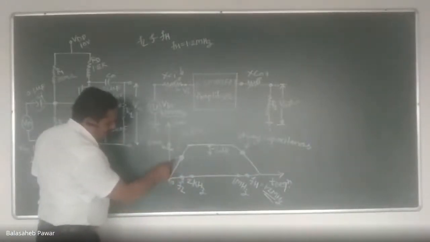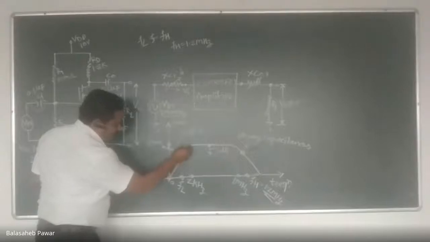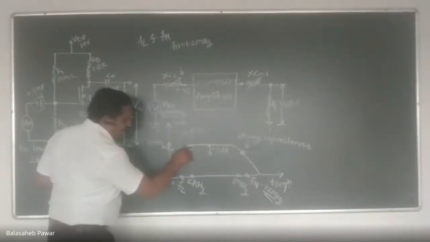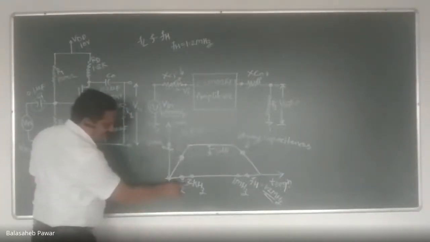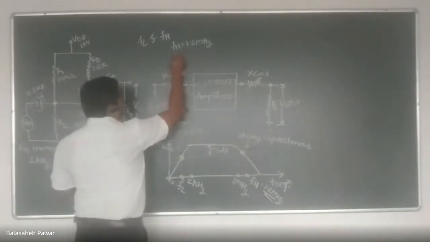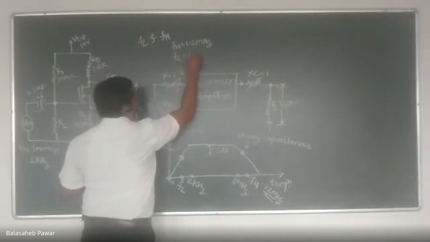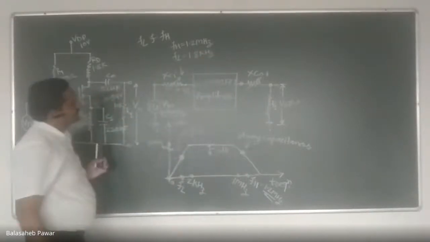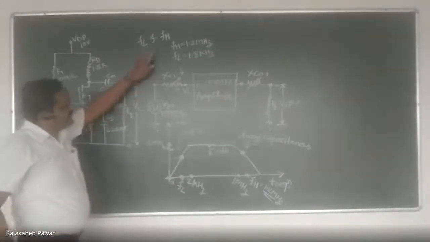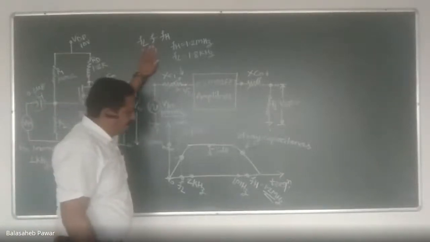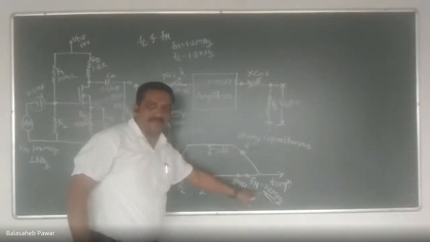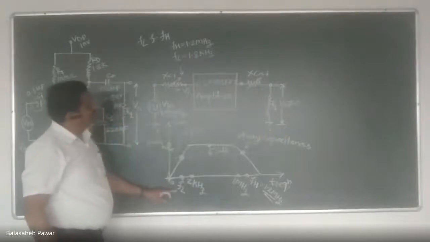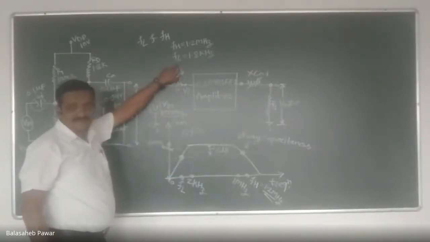Similarly, FL is somewhat less than the frequency after which gain remains constant, which I considered as 2 kilohertz, so I will take FL as 1.8 kilohertz. Are you getting this example? FH I took as 1.2 mega and FL I took as 1.8 kilohertz.